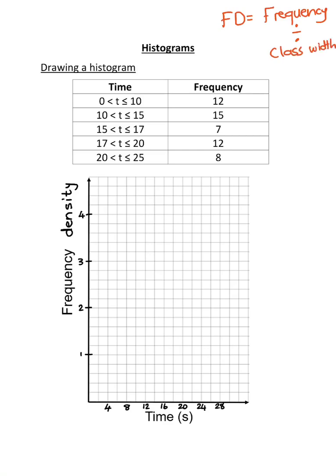So, for example, if you look at the table that I have there, to calculate the frequency density of time between 0 and 10, you do 12 divided by the class width. So the class is from 0 to 10, so that width is 10. So you do 12 divided by 10, which is 1.2.